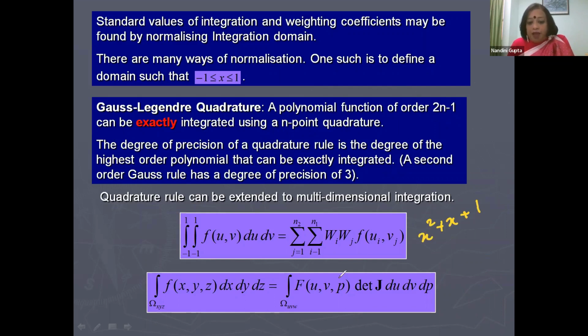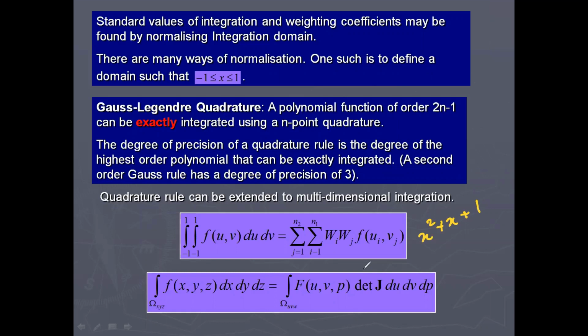What point quadrature should you use to get an exact integral value? Ganesh? Look at the statement and give me the answer. Ma'am, minimum 2. How did you get that?